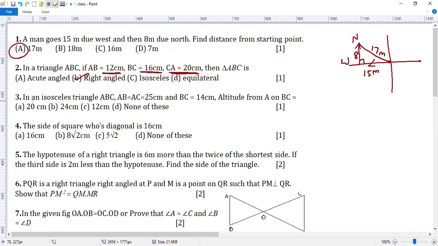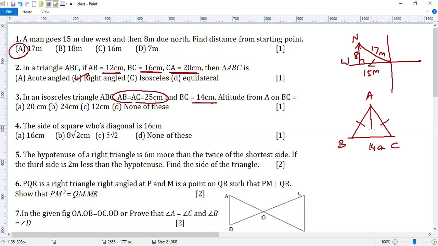Question number 3. In an isosceles triangle, you have got two dimensions to be 25 and 25, and the third dimension is 14 centimeter. Altitude from A on BC, how much that length will be, is the question. So you have got a triangle in which AB equals AC. So A, B, C. These two are equal lengths. Okay. And BC is 14 centimeter.